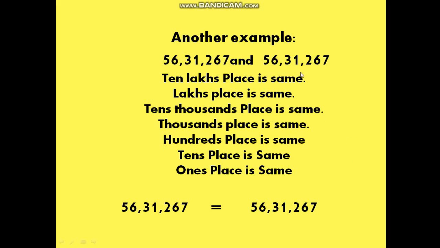56,31,267. Let's read the next number. 56,31,261. What did you observe? All the digits are the same in the given numbers, exactly at the same place. So what do you think?